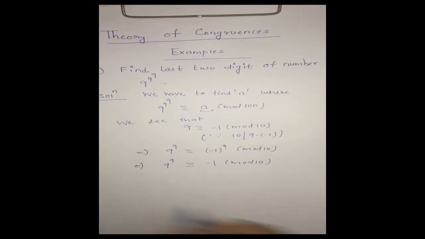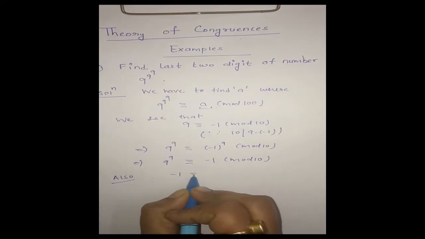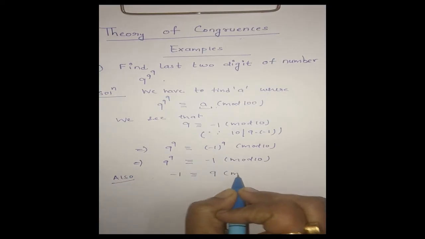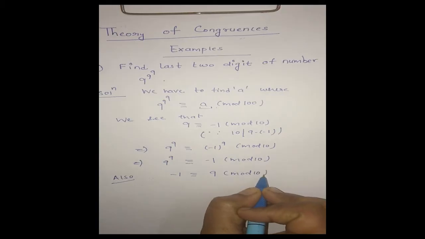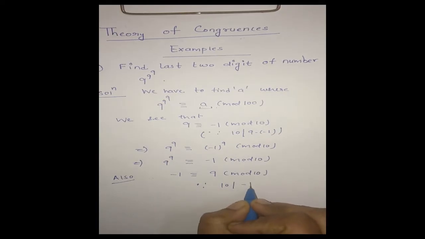Okay. Also, minus 1 is congruent to 9 modulo 10, since 10 divides minus 1 minus 9, that is minus 10.